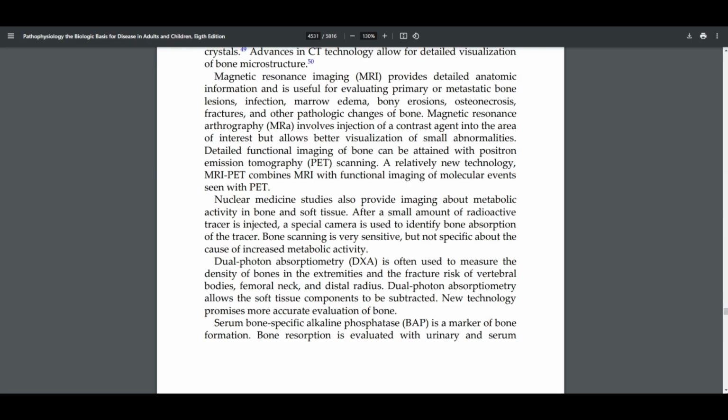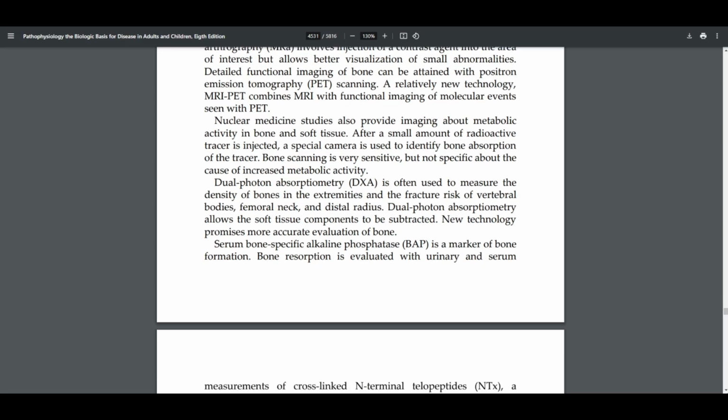MRA involves injection of a contrast agent into the area of interest, and allows better visualization of small abnormalities. Detailed functional imaging of bone can be attained with positron emission tomography scanning. A relatively new technology, MRI PET, combines MRI with functional imaging of molecular events seen with PET scans.